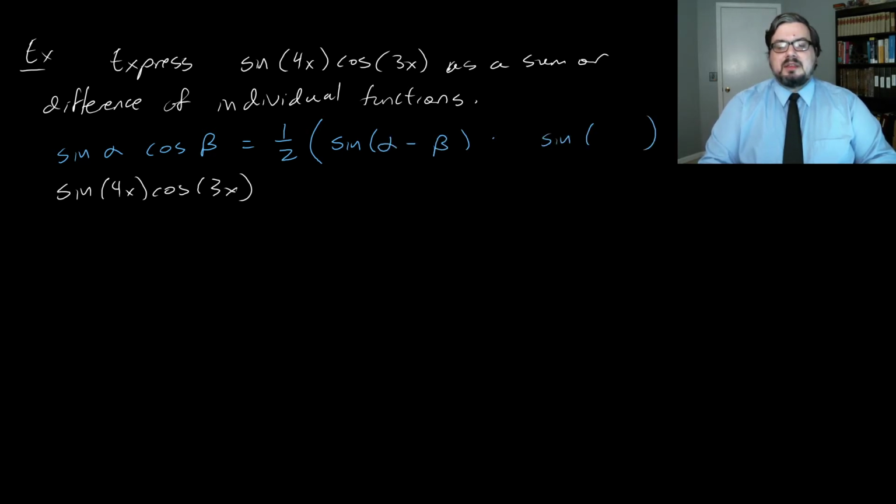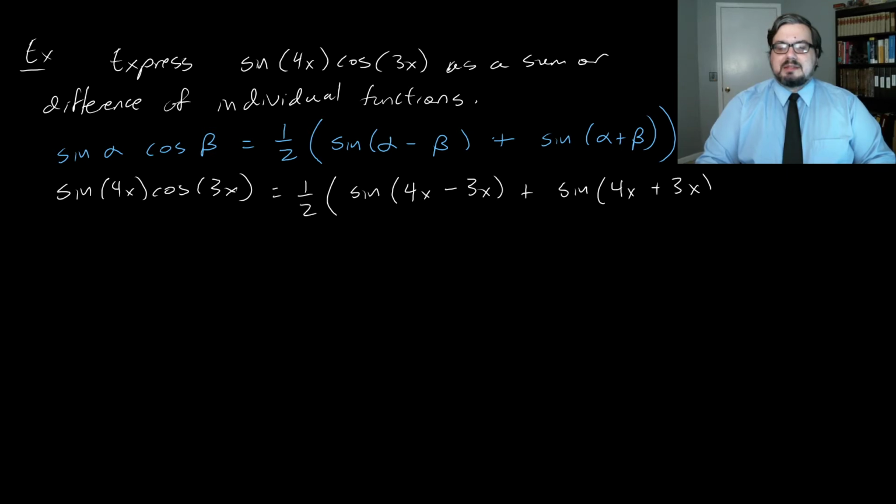The angles that we work with are always alpha minus beta in the first place and alpha plus beta in the second. And when we're dealing with sines, it's always plus inside. So this becomes 1/2 times sine of, now alpha here is 4x, beta here is 3x, and so 4x and 3x get added together over here.